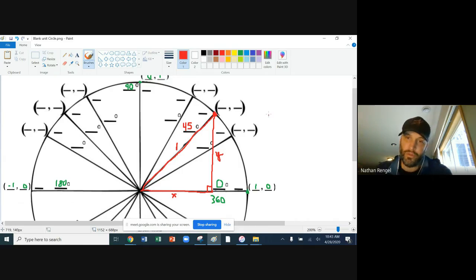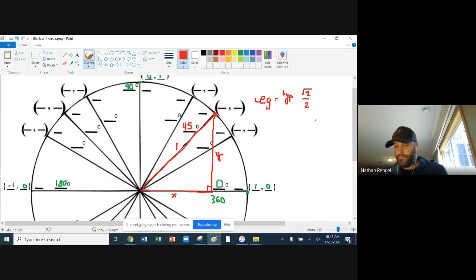So one thing that you were looking at is the rules for 45, 45, 90s. If you know the hypotenuse and you're trying to find the leg, you're going to take your hypotenuse times the square root of 2 over 2. That was one of the rules that a lot of you developed when you did your class check yesterday, which was awesome.